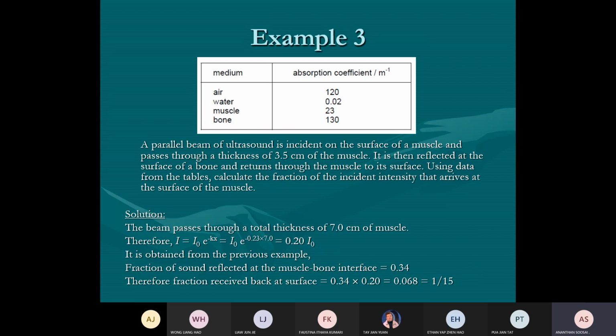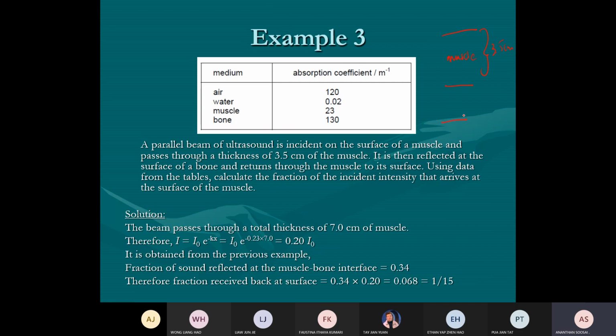A parallel beam of ultrasound incident on the surface of a muscle and passes through a thickness of 3.5 centimeter of muscle. So there is a muscle which is about 3.5. It is then reflected at the surface of a bone.